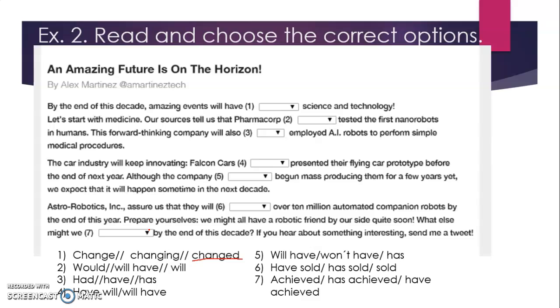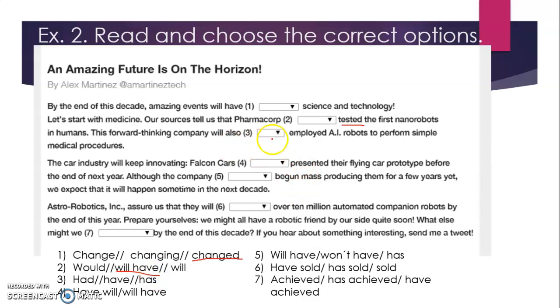Okay, what is the word here to complete? Pharmacorp tested the first nanorobots. Okay, so here you're missing the auxiliary and the word have. So the correct answer here is going to be will have.